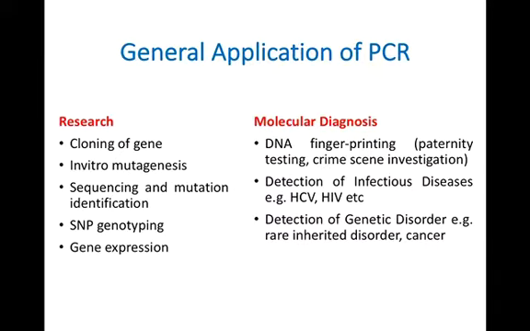The PCR is also applicable to detect the infectious diseases, for example, HCV, HIV, and the newly emerged coronavirus infections, etc. And the PCR can also be used for the detection of specific mutations that are causing the specific genetic disorders, whether it is the rare genetic conditions or the cancer conditions as well.